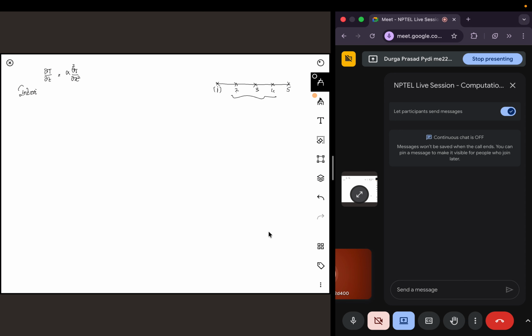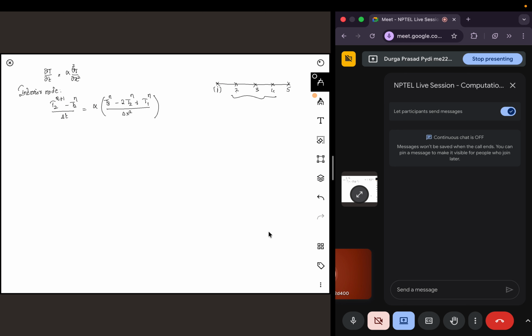For any interior node, we have the governing equation. So for T2, the equation would be, using the explicit scheme, T3 is the I+1 coordinate minus 2 T2 plus the I-1 coordinate, divided by delta x square.